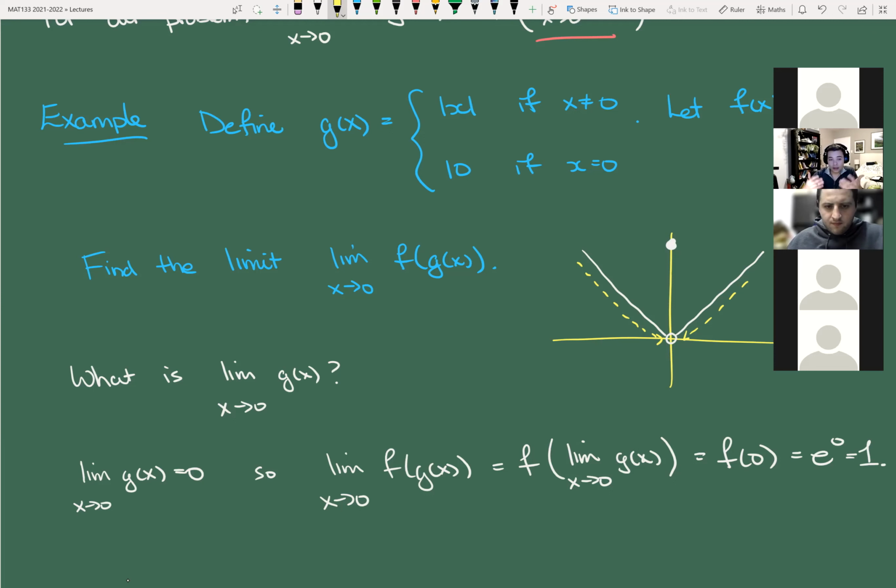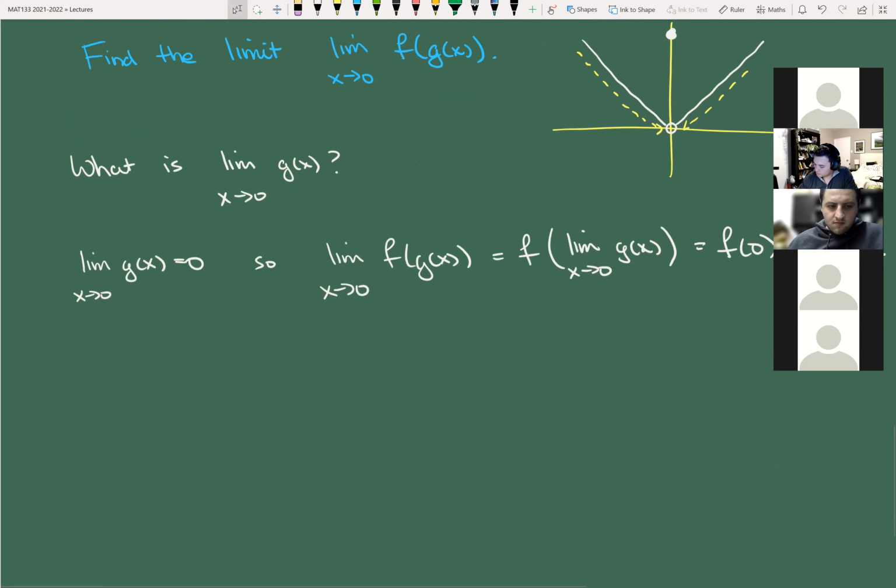I totally could give you the exact same question, but g of x is x squared plus x minus 6 divided by x squared minus 4, and maybe f of x is equal to e to the x, and then say find the limit as x goes to 2 of f of g of x.